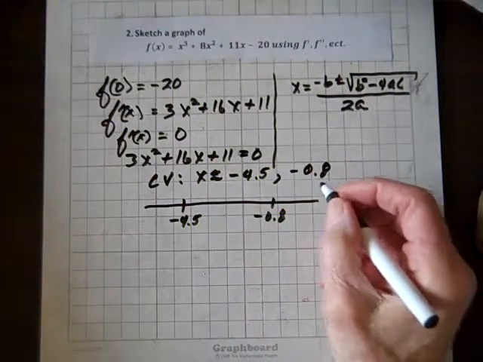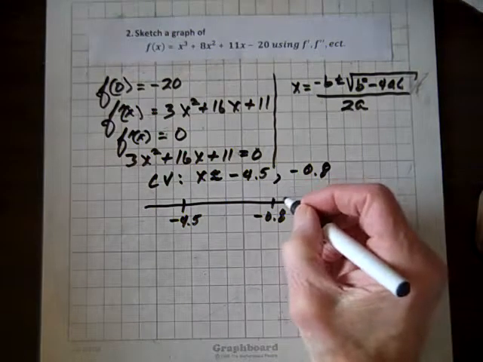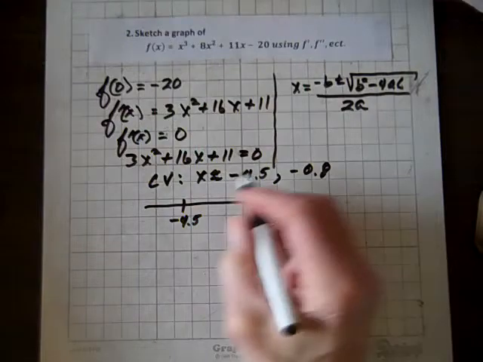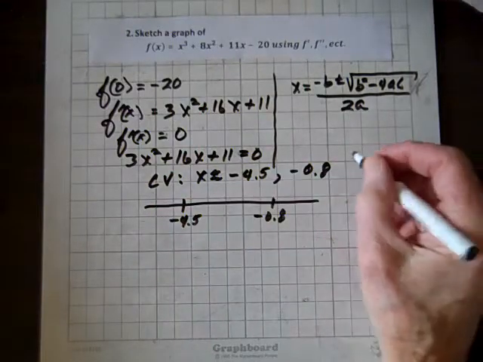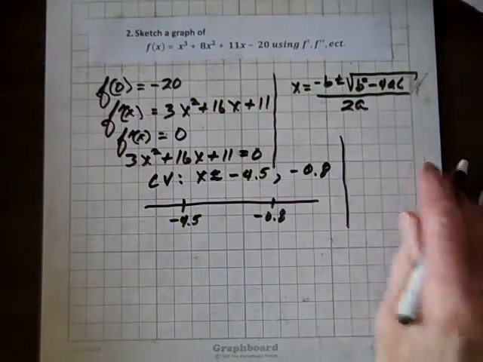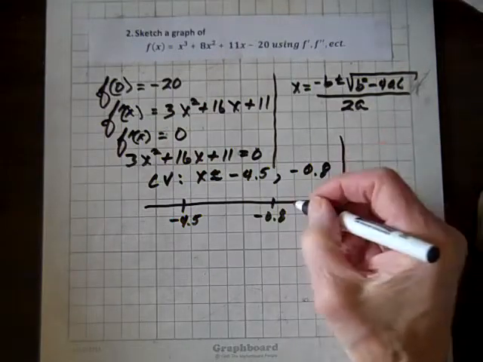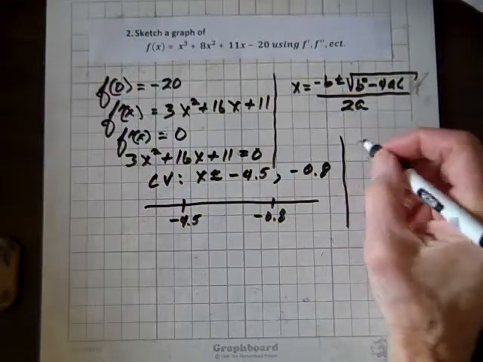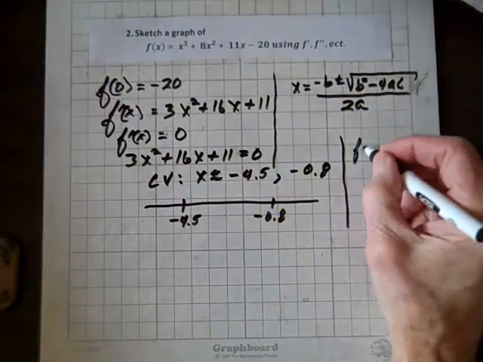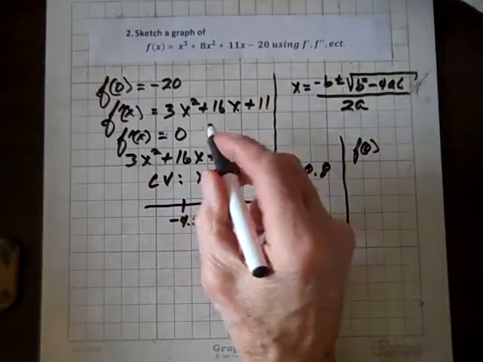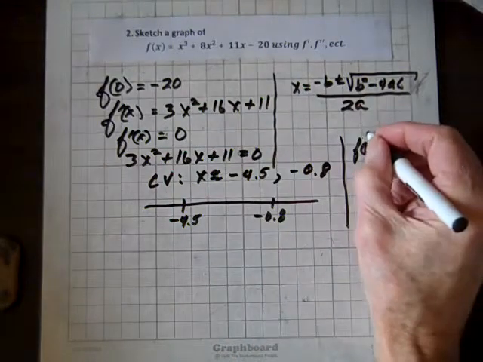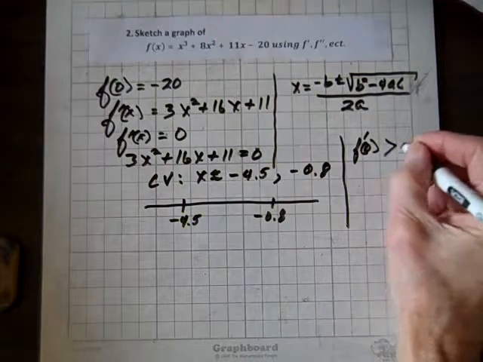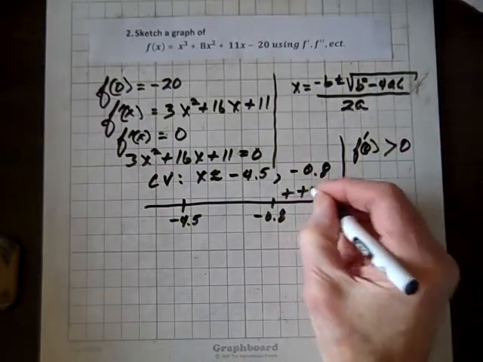And now we need to know whether the slope is positive or negative on each interval. So we'll evaluate a value in each interval and see what we get for a slope. If we look at f prime of 0, we get a positive value, so that's greater than 0. So this is going to be positive.